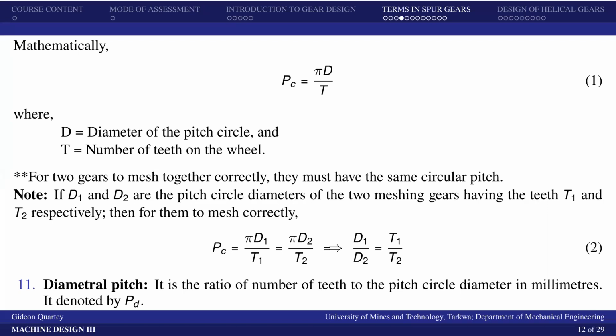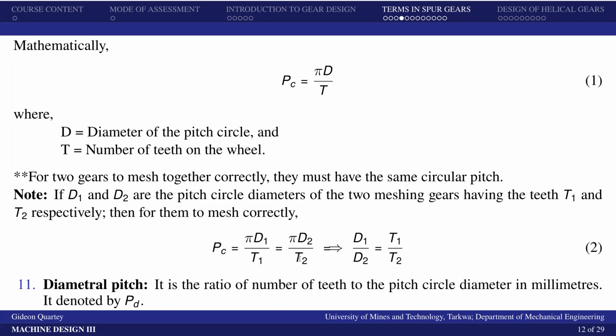If D1 and D2 are the pitch circle diameters of the two meshing gears having teeth T1 and T2 respectively, then for them to mesh correctly, PC, which is pi D1 on T1, the pi times the pitch circle diameter of gear 1 divided by the number of teeth on gear 1, should be equal to pi times the pitch circle diameter of gear 2 divided by the number of teeth on gear 2.